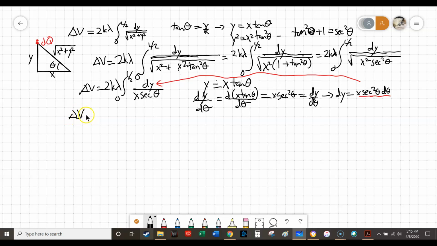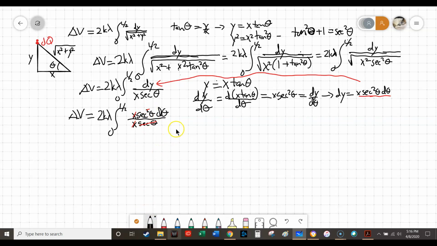So now the change in voltage is 2k lambda from 0 to L over 2, and dy is now going to be x secant squared of theta d theta all over x secant of theta. The x's will cancel out. This secant of theta will cancel out with the square at the top.